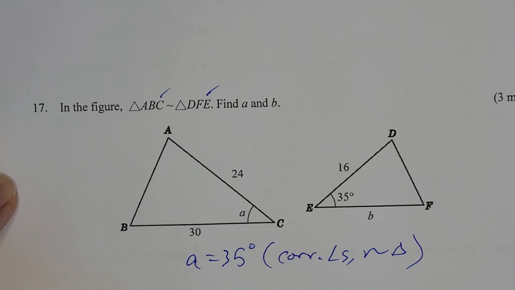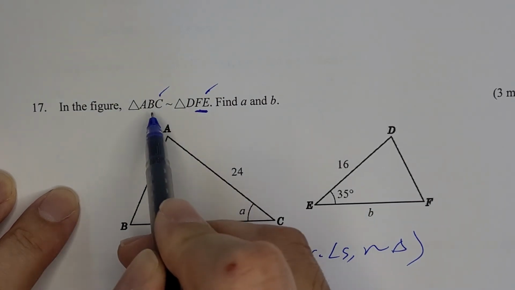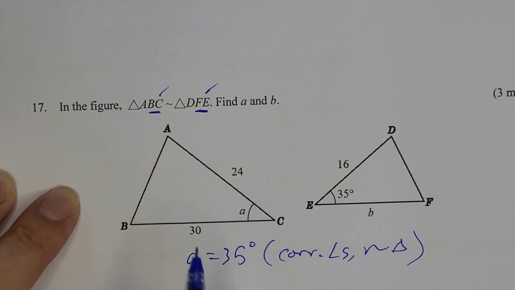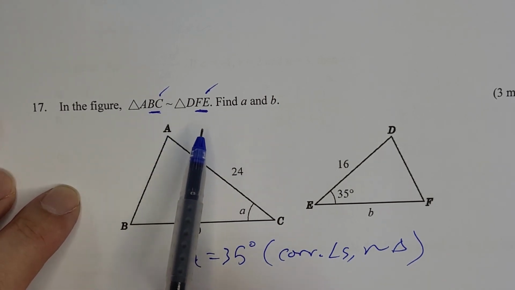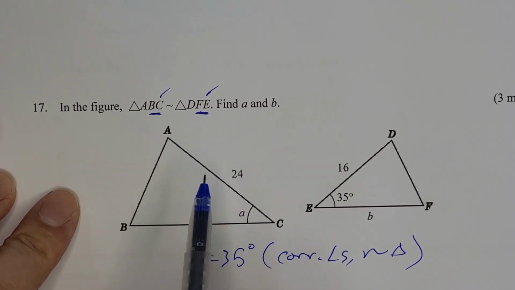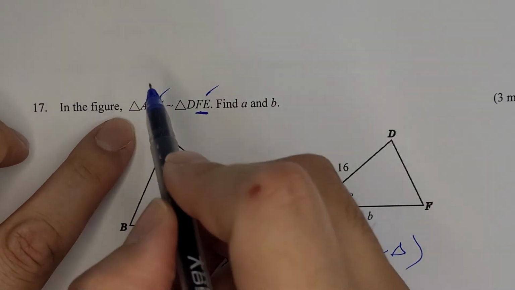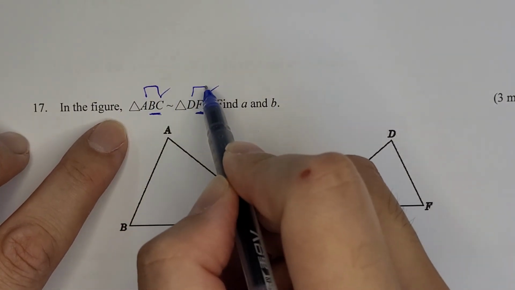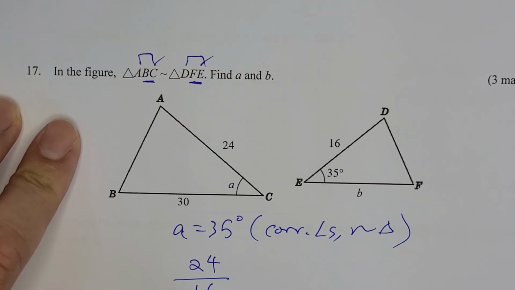Okay. Next, you need to find b. b is on the length EF, so it matches BC. But they are not exactly equal, because in similar figures, the length ratios are equal. So you need to think, if AC should match with DE, that means 24/16 is the length ratio.